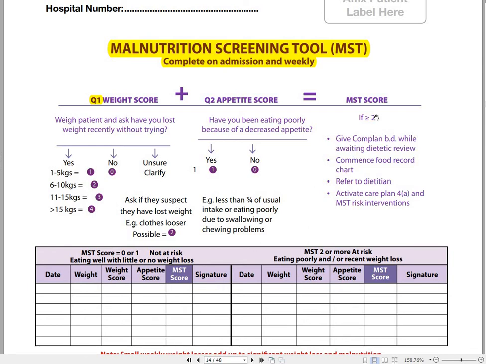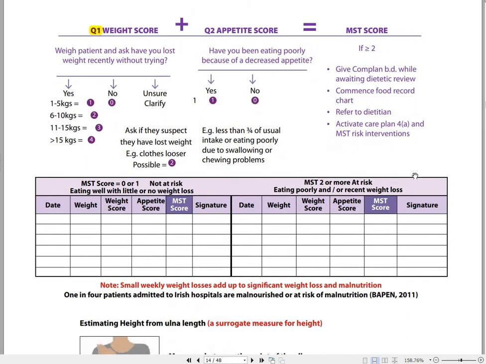So if you go back up here, it tells you their MST score. If it is 2 or greater than 2, give Complan twice a day while awaiting the dietetic review. Okay, so Complan does not need to be prescribed. Commence food record chart. Refer patient to dietitian and activate Care Plan 4A and MST risk interventions.